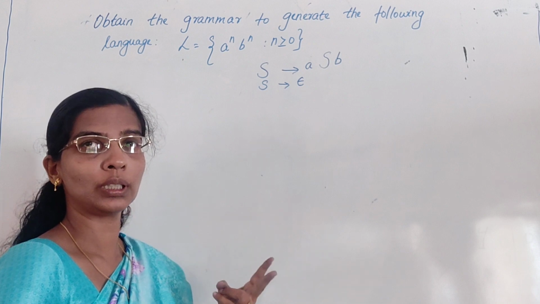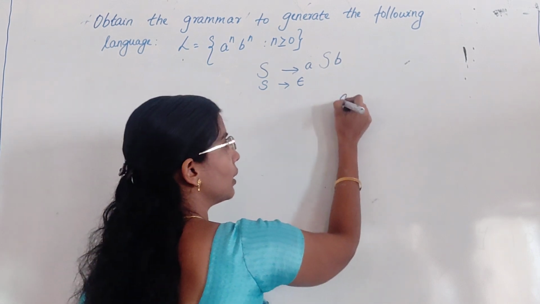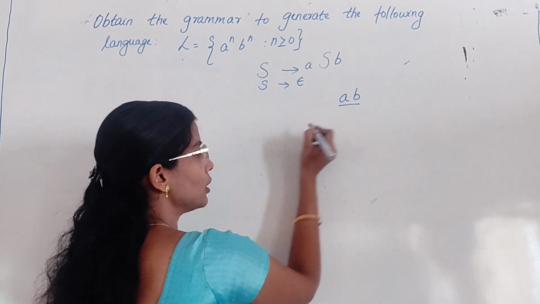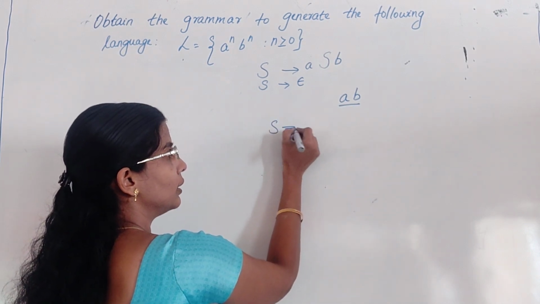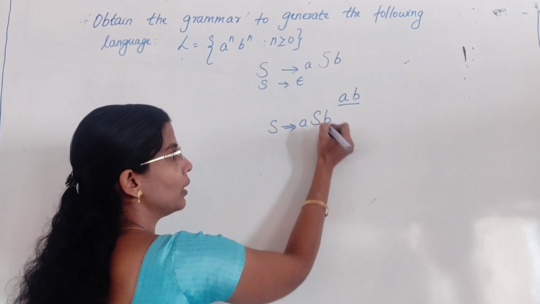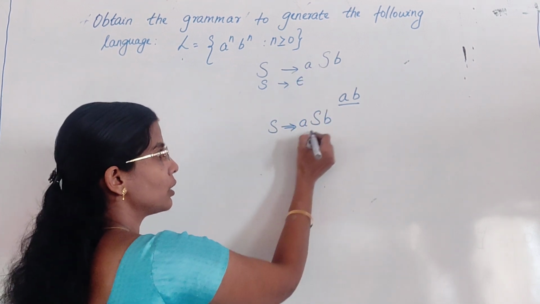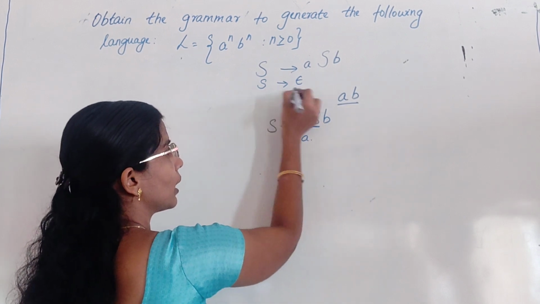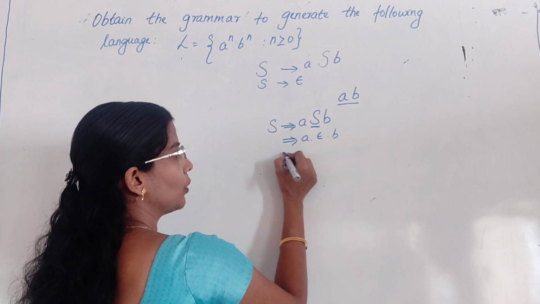Otherwise, if I want to generate a string like this, what should I do? In the derivation, use the first production S to a S b, and next, in the place of this S, I should use the second production. What will I get?